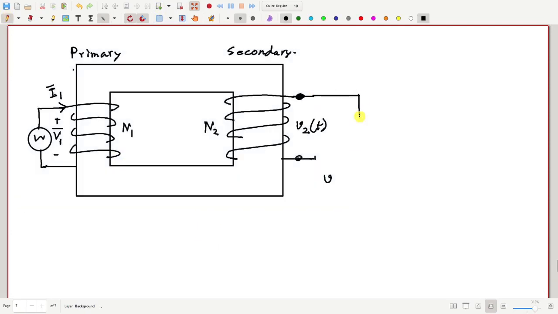Now we have some load Z here. So then there will also be some current I2, in which direction I don't know, but anyway, some current will be there. And here we have the current I1.